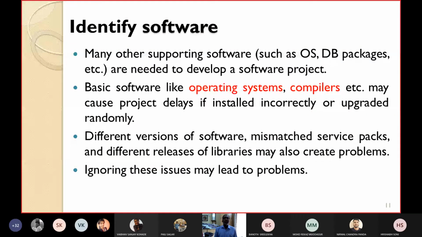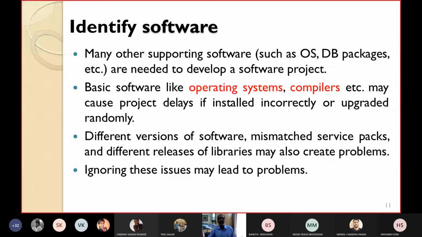So you know that in order to run the software that you are going to develop, some other supporting software are required. So many other supporting software such as operating system, compilers, database packages, some standard routines or standard libraries, are needed to develop a software project. Please remember that the basic software like operating systems, compilers, linkers or loaders or the database packages, etc., may cause project delays if they are installed incorrectly or upgraded randomly.